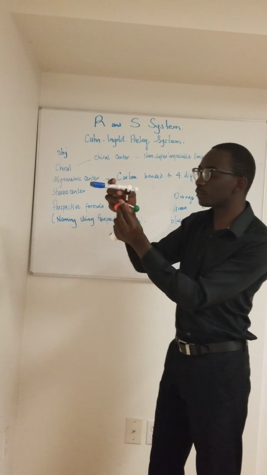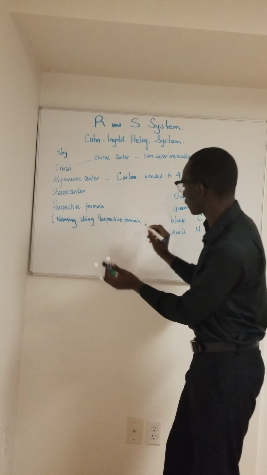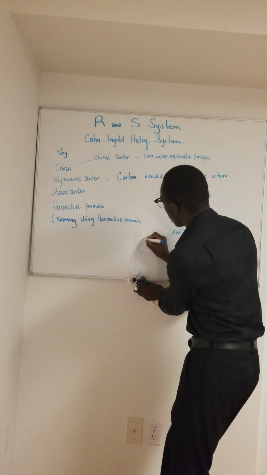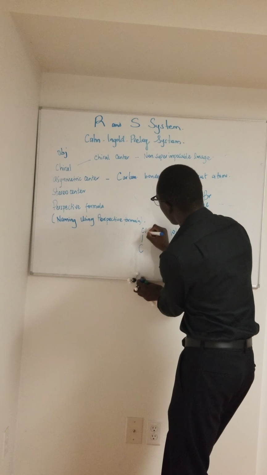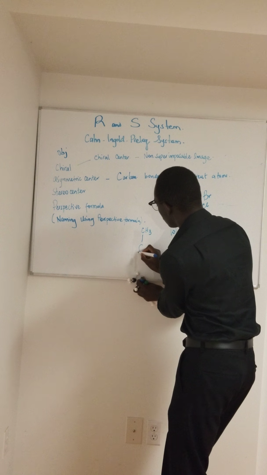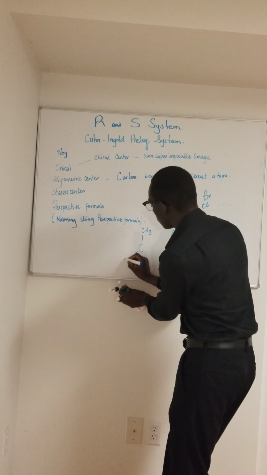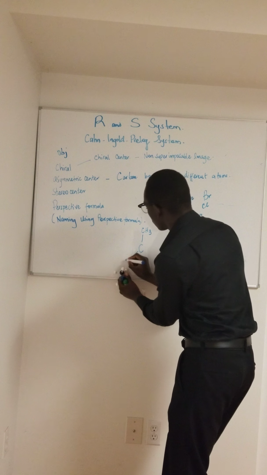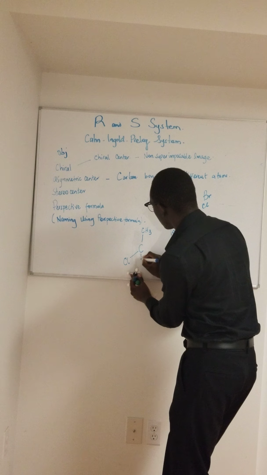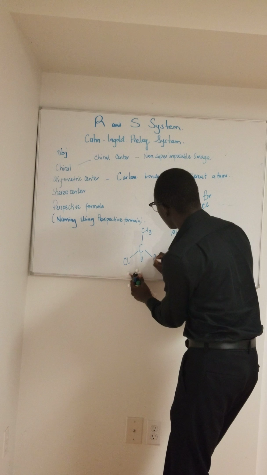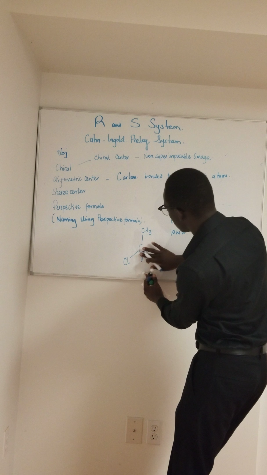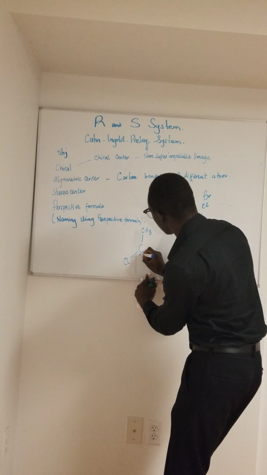So if I may draw this structure to show you how this carbon looks. If this is my carbon, it's bonded to a methyl group. It's also bonded to a chlorine group, a hydrogen, then a bromine.